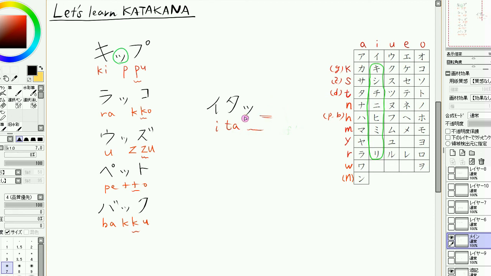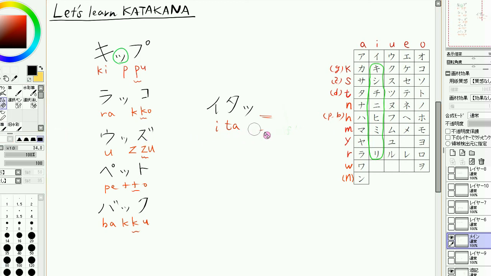But this means something like ow, ouch, yeah, ow. We say itta. So if it weren't for this one, it would be just ita. But with this one, itta. You know what I mean? I'm stopping my breath here.